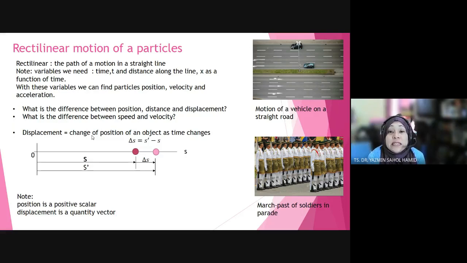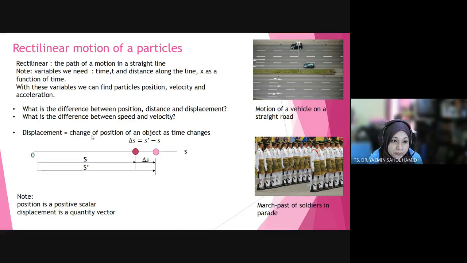The units are the same, but the meaning is different. And the same with speed and velocity. You know that speed and velocity have the same unit, which is meter per second, but they are two different meanings.